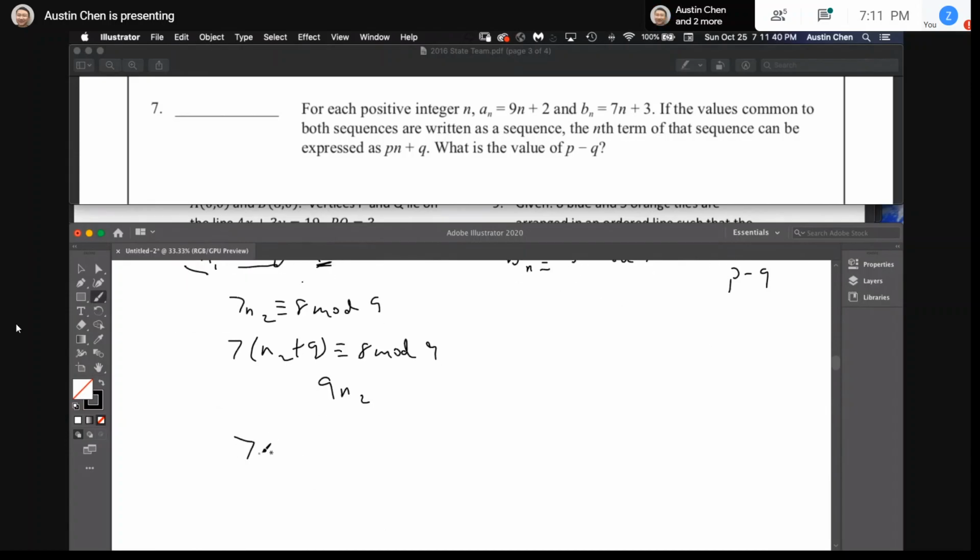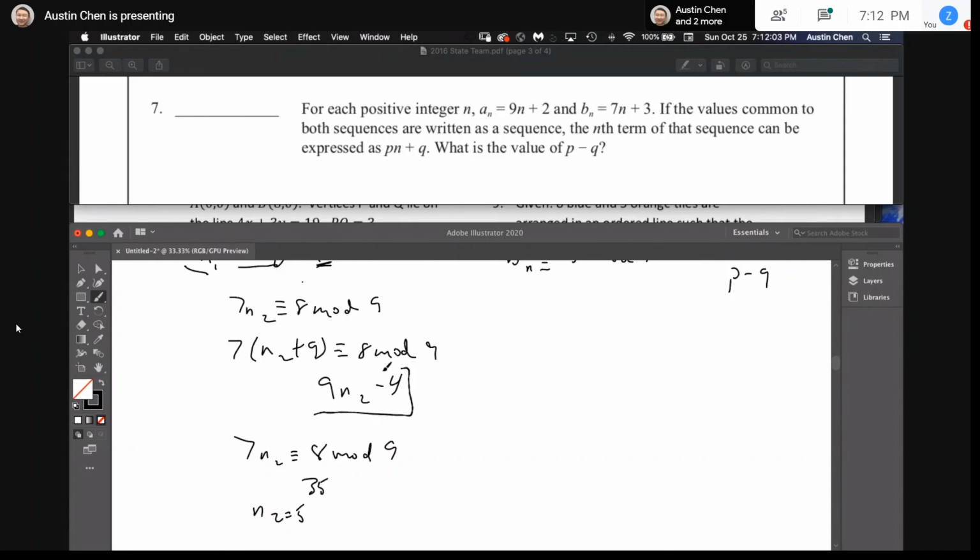So if we have 7 n2 is congruent to 8 mod 9, then we see the first value that works is 35. So n2 equals 5. So then this is just 9 times n3 minus 4.